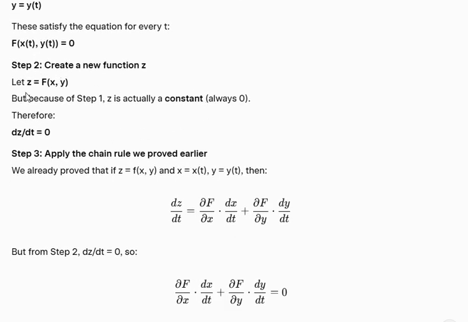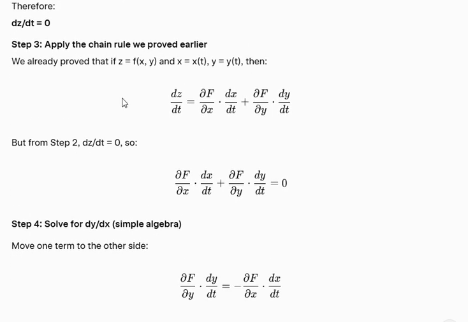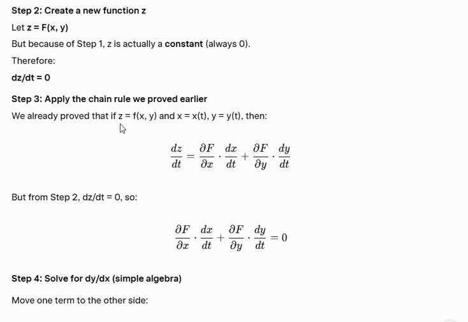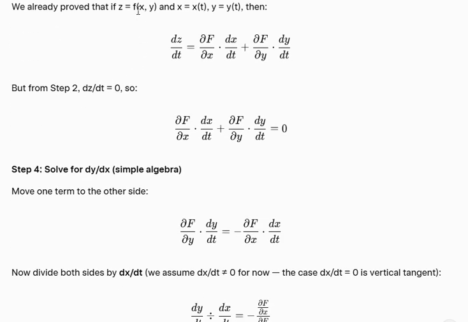But here f of x y is equal to 0. In this case, what happens to dz by dt? We already proved that z is equal to f of xy and dz by dt is equal to df by dx into dx by dt plus df by dy into dy by dt. If f of xy is equal to 0, then dz by dt is equal to 0.